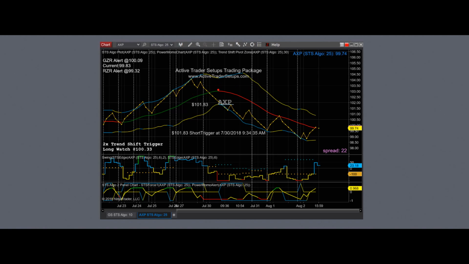Now, this is a $100-something stock, but the 25 factor is your swing trading factor because it doesn't have a lot of range. Even though this particular day it did, and this particular day it had a fair amount, it's still covering multiple days on these moves. And so this would be more of a swing trading, and that's your key.